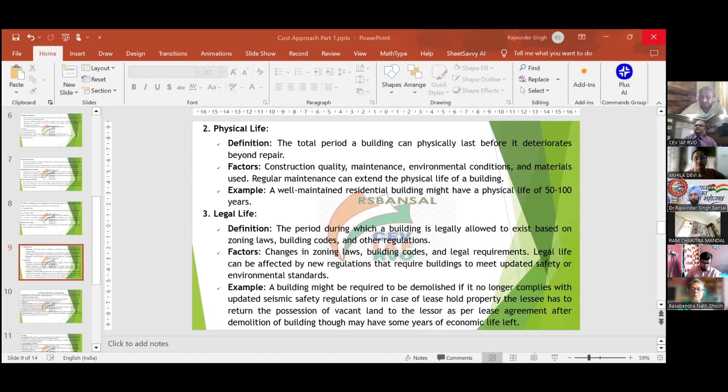As you know, government has asked for seismic analysis of the existing buildings, especially in the metro cities. So in that case, we say that the legal life of the building has come to an end.